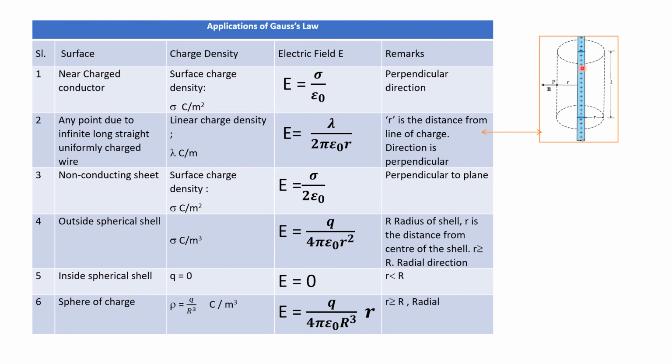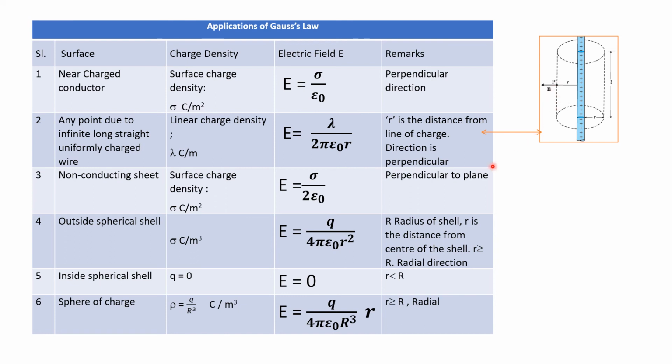Here the total length is L, but we are confined to coulomb per meter. So, E in this case is perpendicular to the wire. E is equal to lambda by 2 pi epsilon naught R, where R is the distance of point P from the line charge, and the direction is perpendicular to the charged wire.